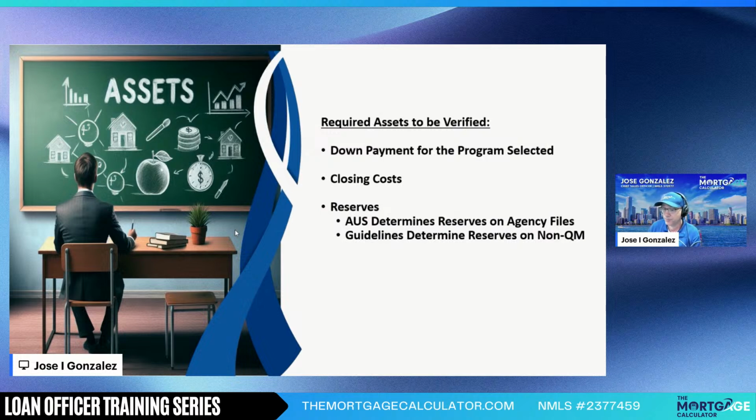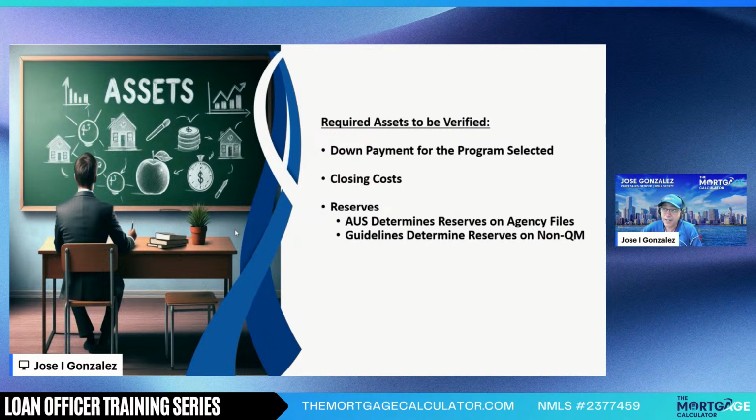You're going to run your automated underwriting, whether you use LP for Freddie Mac loans or DU for Fannie Mae loans. In your findings, it'll let you know if you're approved, it's fine. If you weren't approved, maybe it's letting you know how much needs to be verified for reserves. And it could be that your borrower is short. So always look to your AUS findings for the reserve requirement on agency loans.